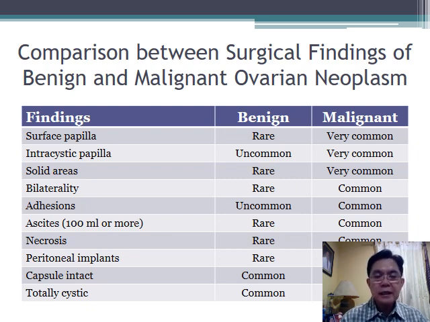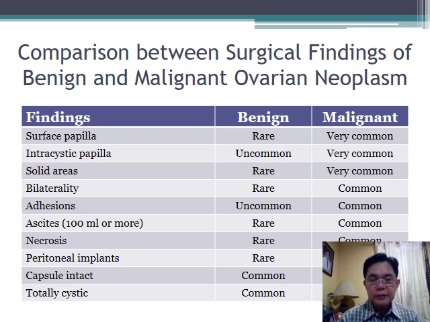If it is less than 100 milliliters or 100 cc, it may just be a normal amount of peritoneal fluid. If it is more than 100 ml, that is called ascites, and it might be related to malignant ovarian tumors. The presence of necrosis within the cyst or on the surface of the cyst is again indicative of malignancy. Peritoneal implants indicate malignancy. An intact capsule is more common among benign conditions, and if it is totally cystic, it is commonly benign.